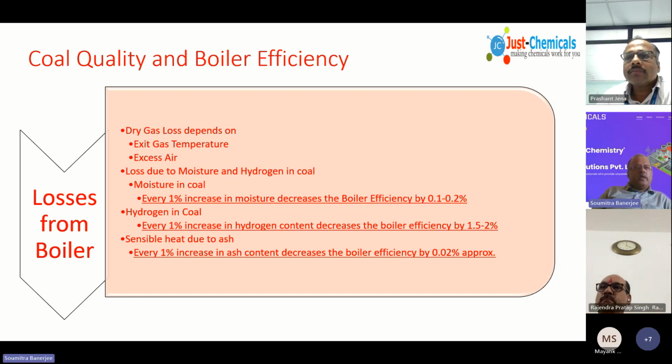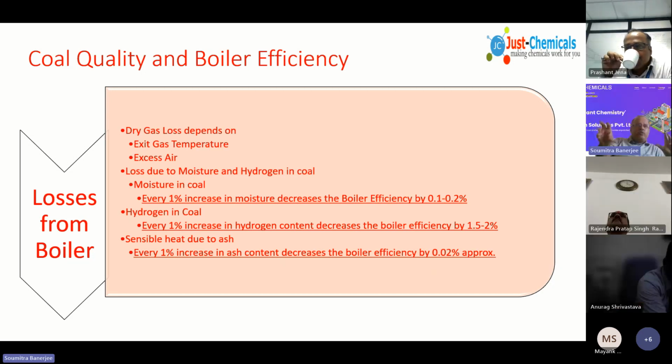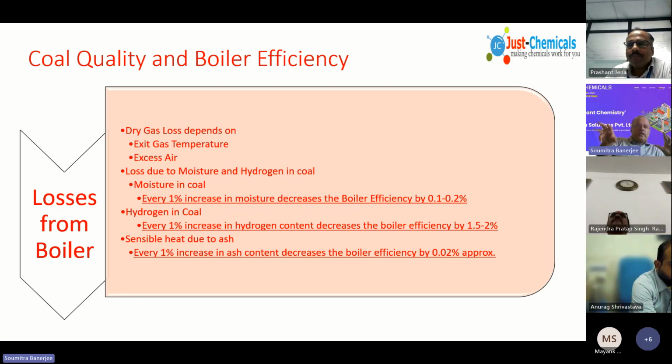But still, due to the H2O which has formed, whatever efficiency you could have got will be lesser due to that H2O formation. If that H2O formation had not taken place, then your efficiency would have been higher by 1.5 to 2%. That is what I mean here.